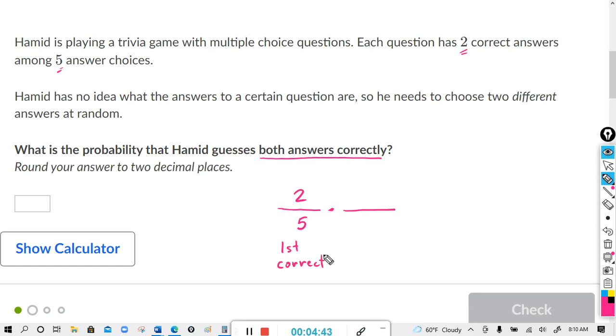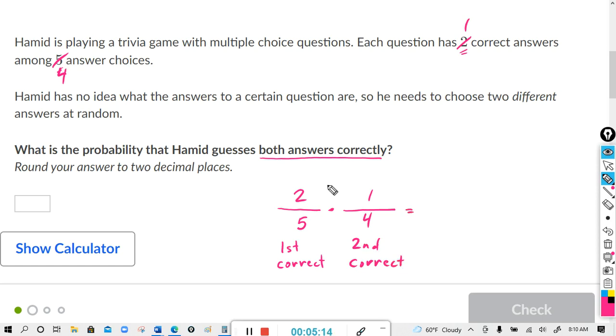Now, if he gets the first one correct, there's only going to be 1 correct answer left. And there's only going to be 4 choices left, right? So the second guess is going to be a 1 out of 4 chance that he gets the second one correct.